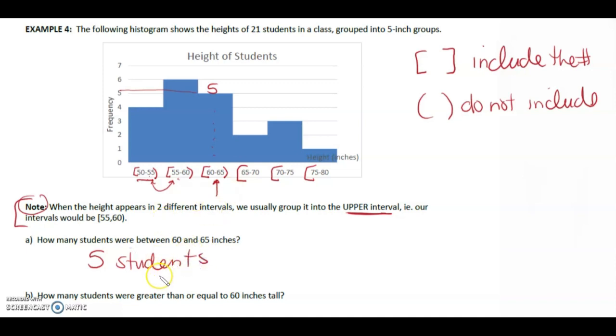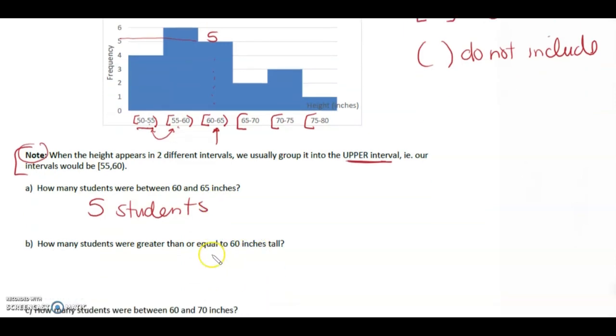And B, how many students were greater than or equal to 60 inches? So what we have to do for this one is we have to consider the intervals 60 to 65, which was 5 students. Okay, we'd have to include 65 to 70, which is 2 students.